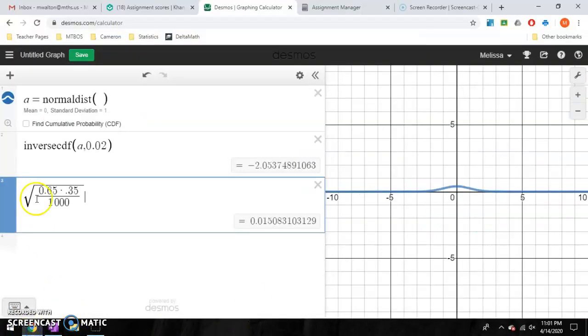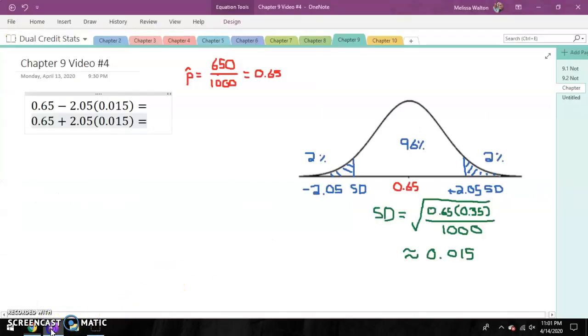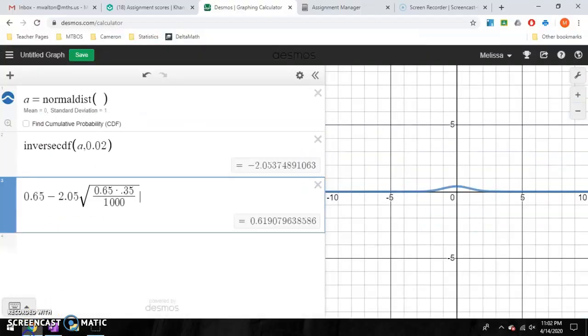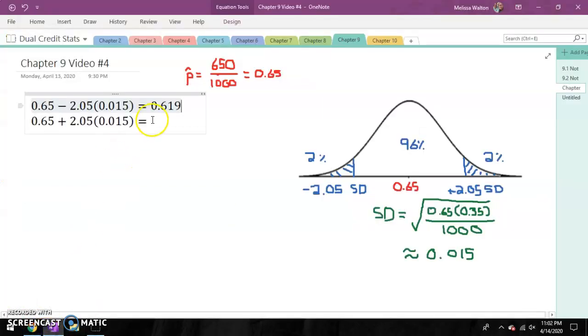I'm going to cheat, just to help with accuracy. 0.65, subtract 2.05 standard deviations, and my lower bound is right around 61.9%, so 0.619. If I change this to addition, my upper bound is right around 68.1%.